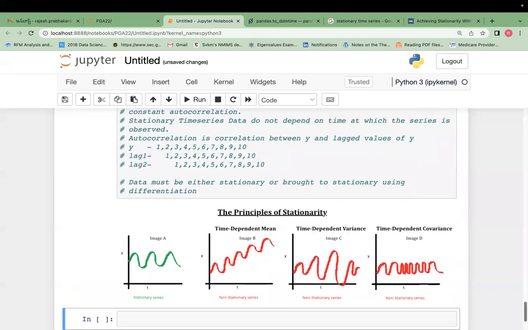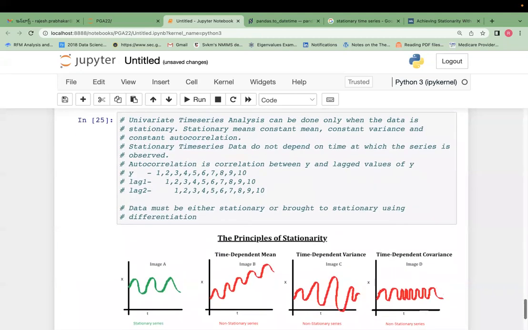That is the format, but the data must be stationary. Otherwise, you cannot do time series analysis.